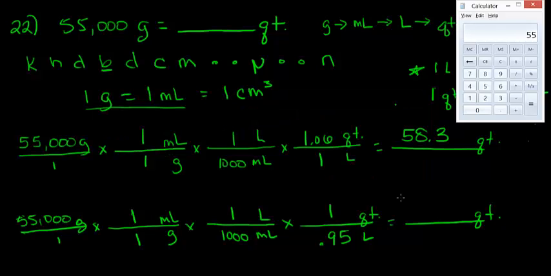Let's do the denominator first. 950. So we're going to divide 55,000 by 950. So 55,000 divided by 950 is 57.89.